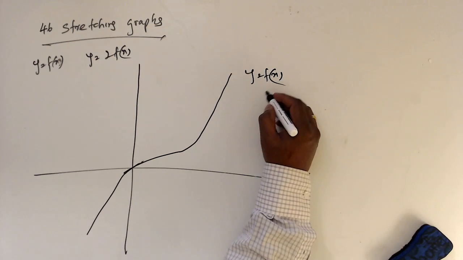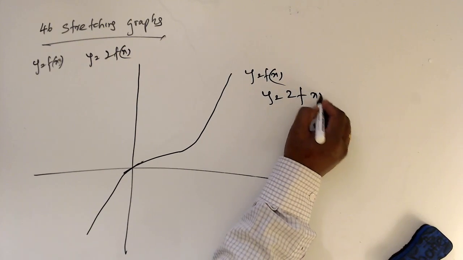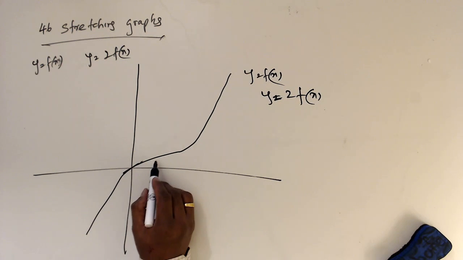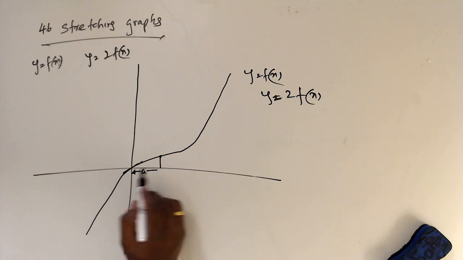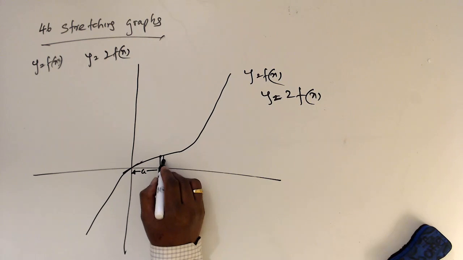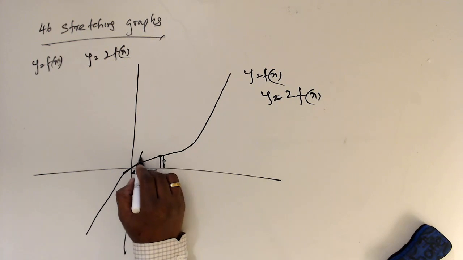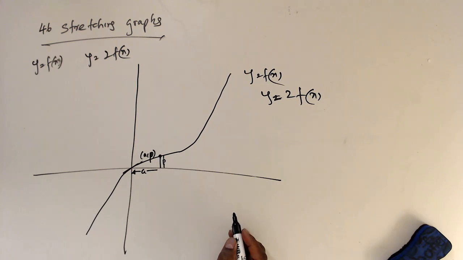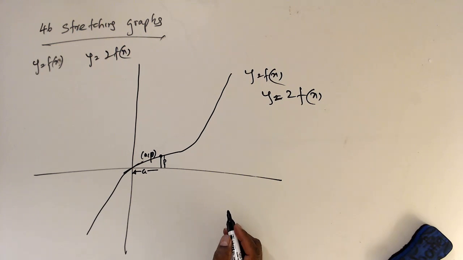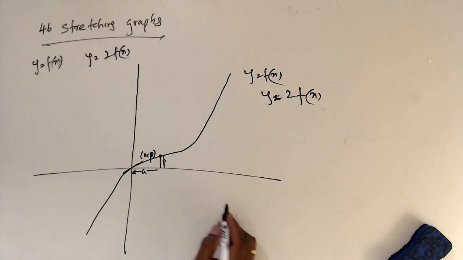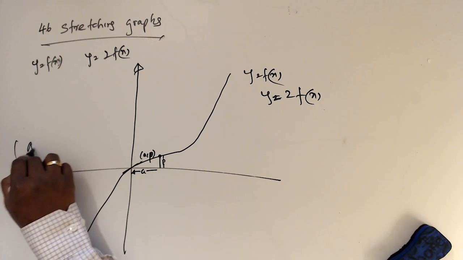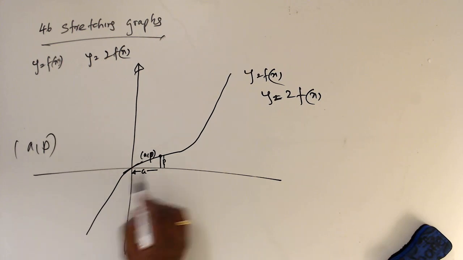Now I want to find y equal to 2f(x), drawn by looking at this. I'll take a point here. This length is a, this height is p. The coordinate is (a, p). This is (a, p).